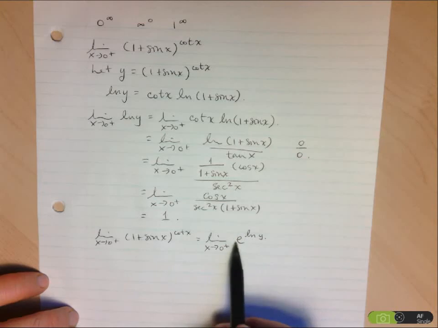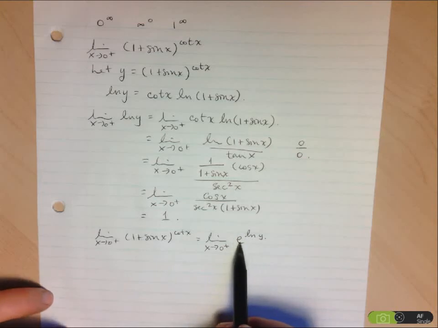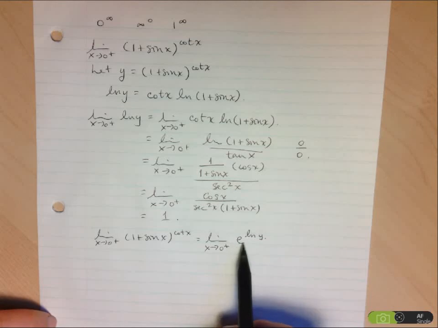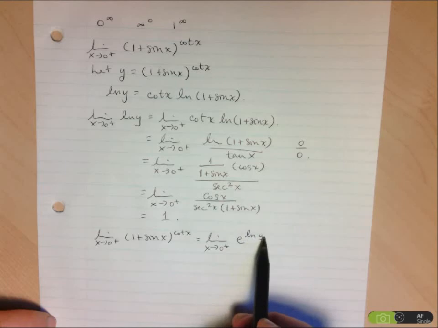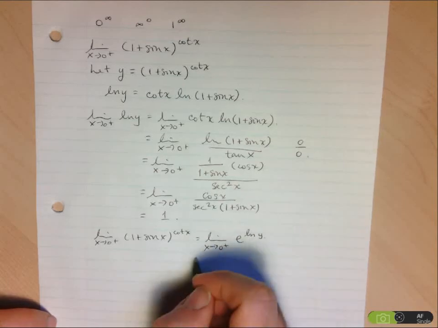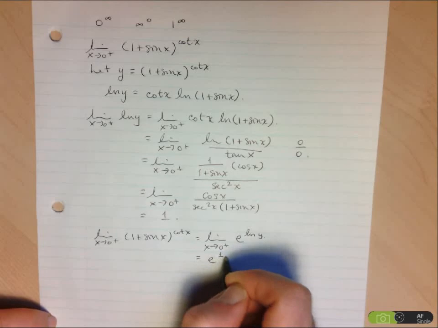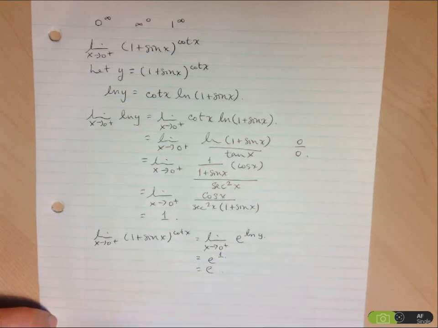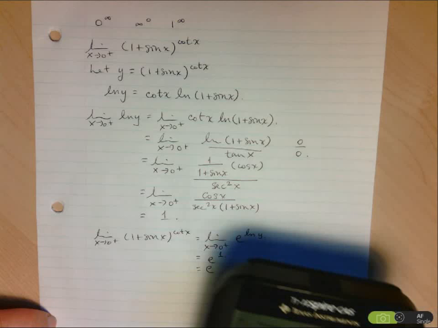Because the exponential function is continuous, I think earlier I said we would use the fact that the logarithmic function was continuous, but we're actually using the fact that the exponential function is continuous. And so we know that ln y approaches 1, so this expression will just approach e to the 1, in other words, e.